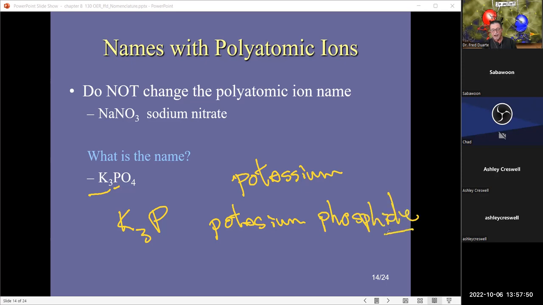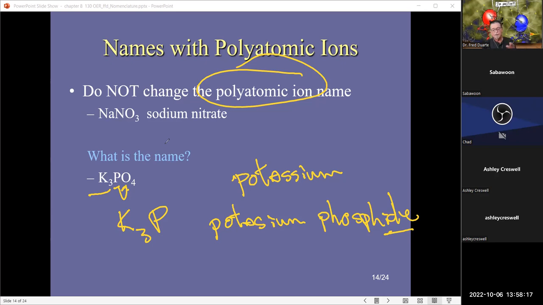Okay, because remember the IDE extension means it's just the element itself, the suffix. But right next to it, we have phosphorus bonded to oxygen. So now that should send a flag and say, oh, I'm talking about polyatomic ions here. So it sends you to the table to look for a PO4.